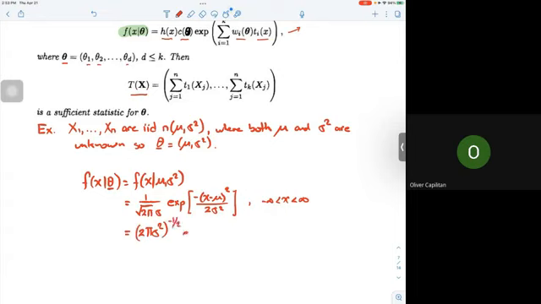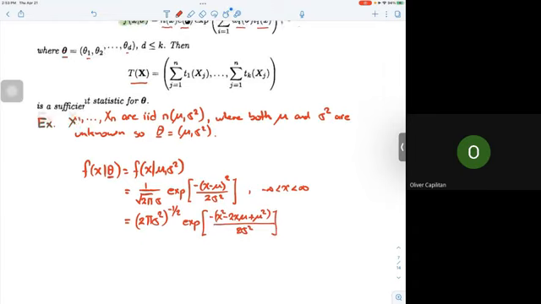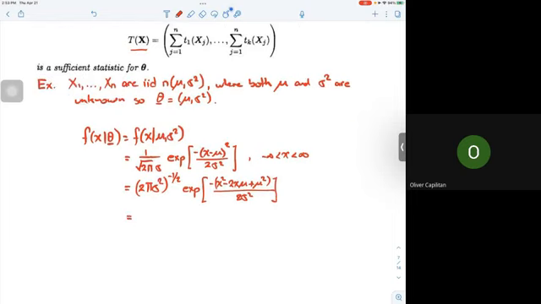So we have here the exponential of, say we're going to expand it, the negative x squared minus 2x mu, and then plus mu square, over 2 sigma square. Hindi ko na isulat yung ating support ng x because it's from negative infinity to positive infinity. So we have here 2 pi sigma square to the negative 1/2.